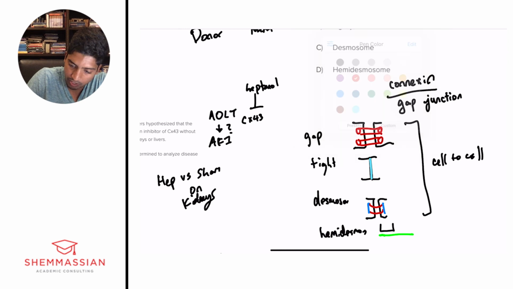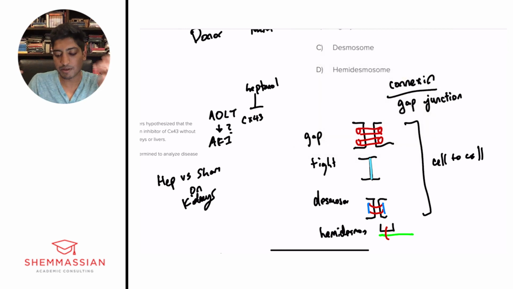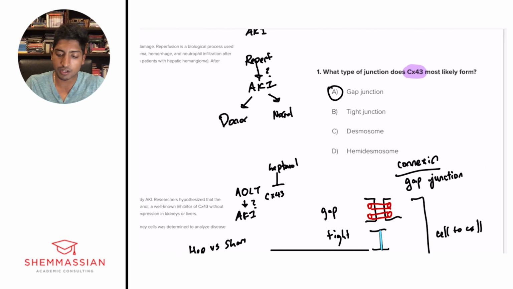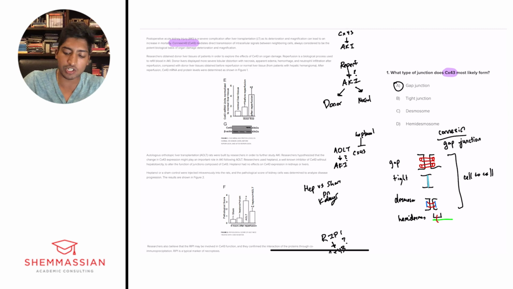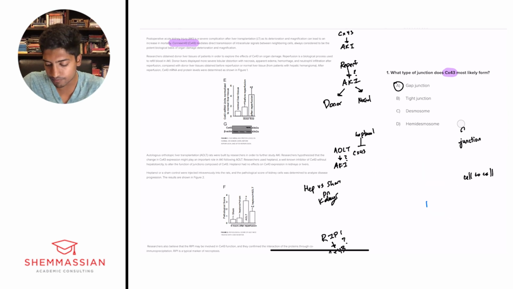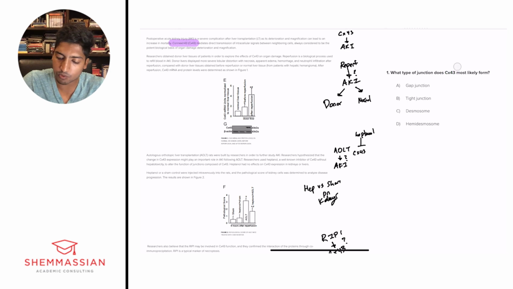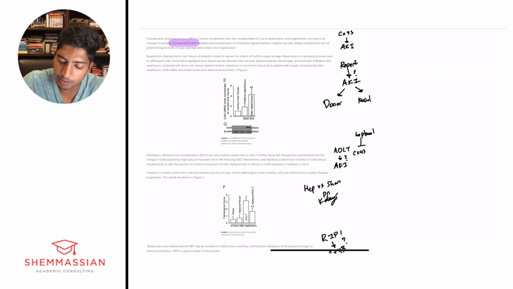So if we draw it in red, it attaches the cell to this basement membrane, as opposed to attaching a cell to a cell. And so with that, we have a good understanding of all four of our types of junctions here. We should just know that connection is a gap junction, but it's really important to understand that all of these types of connections will come up on tests. But great, with that, we're ready to go on to question number 2.